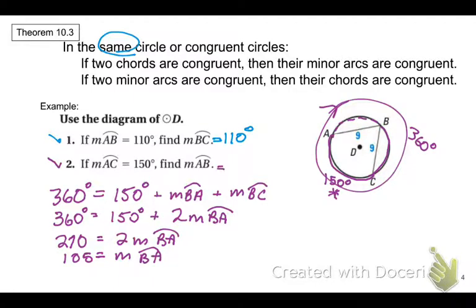So the measure of arc BA is 105 degrees. This would be 150, this arc would be 105, and so would this arc. Sorry for the confusion there, but hopefully that makes it more clear than the direction I was going.